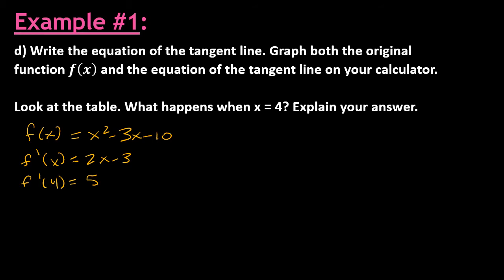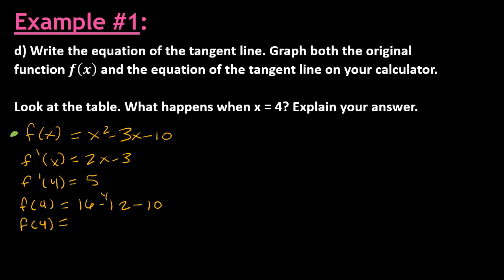So we're going to put the original function, and I'm going to write the equation of the tangent line at 4. So I'm going to substitute in f of 4 into my original function. And remember, when you substitute a point into your original function, you are just finding a point on the graph.